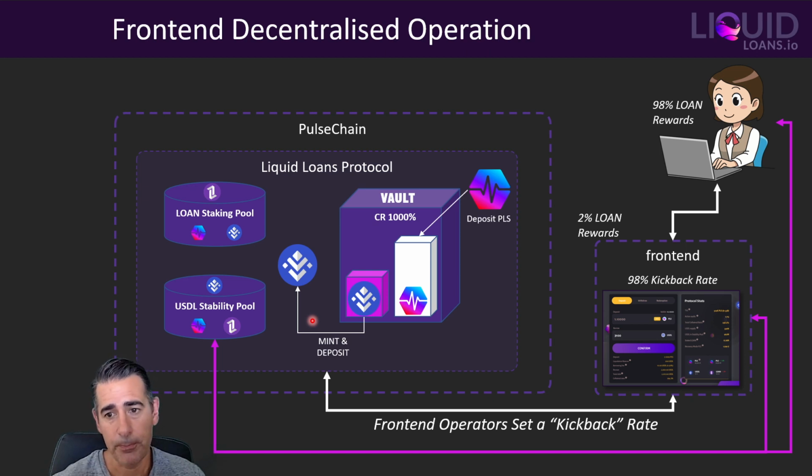So they already hold it, and they can go in and straight away put it into the USDL stability pool, and they will be given rewards in the way of some Pulse, or the reward token, the secondary token, the fee generating token, the loan token. And that's really what we're focusing on here, is the reward that is given out in the loan token will go back to both the front end operator and the user of the front end.